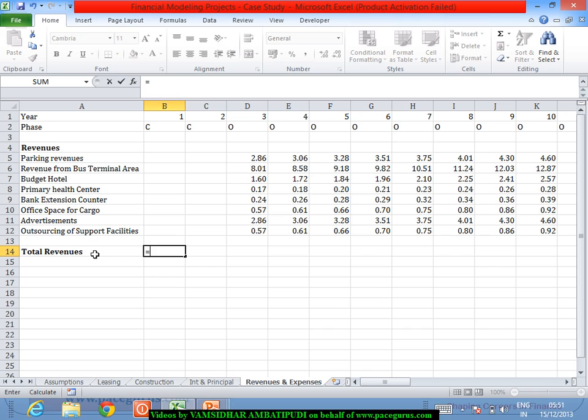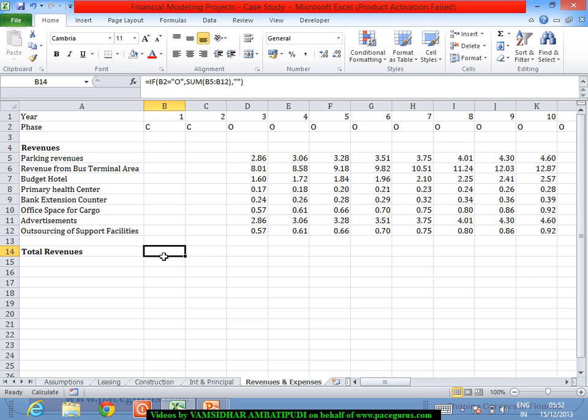Again the same logic I can put. If this is equal to O, if this is during the operations period only, do the summation of all these revenues, otherwise leave it as blank.